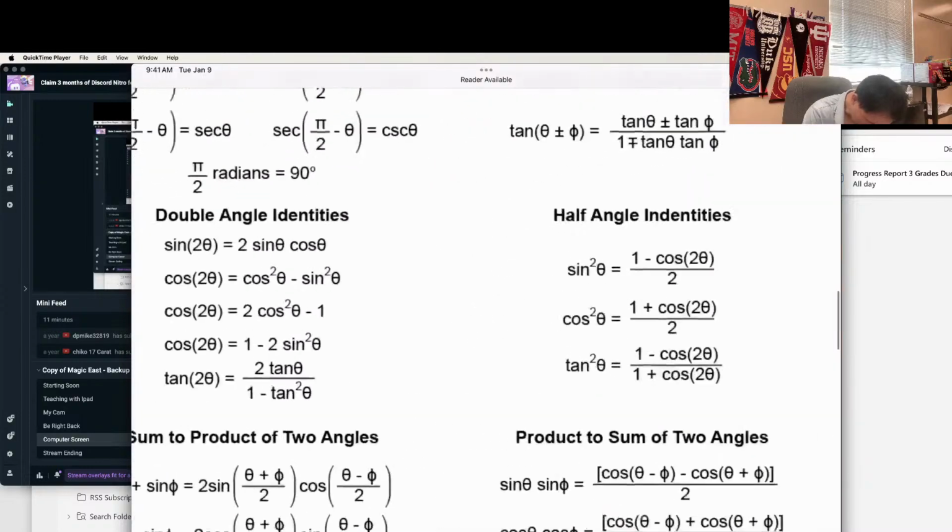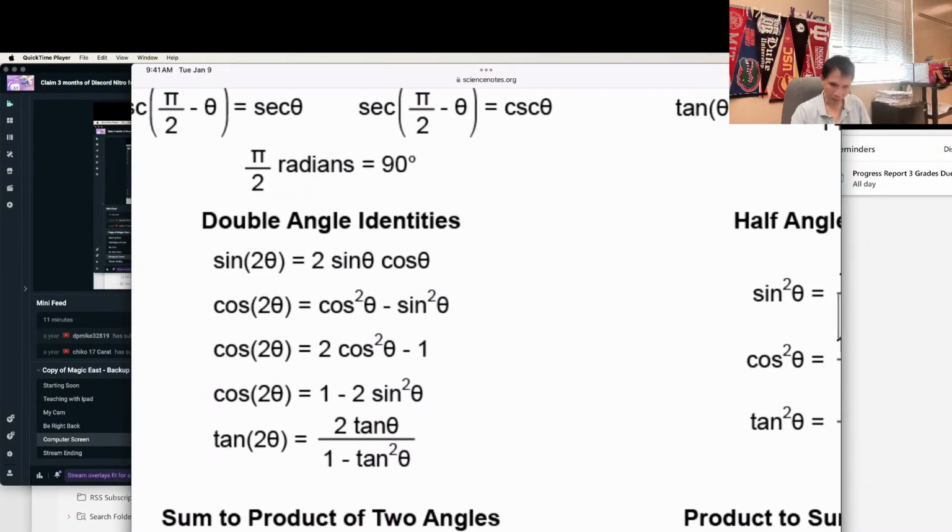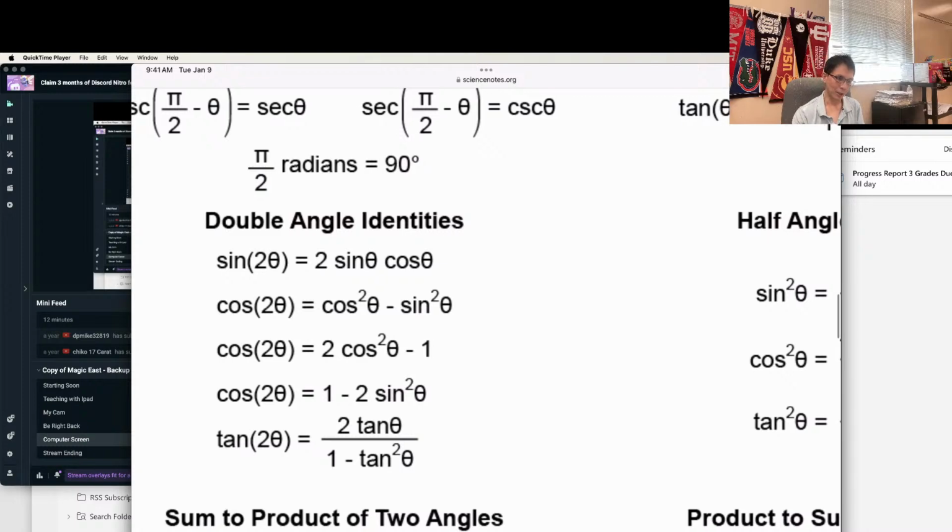Do you see right here? This is the one we just found. Sine 2 theta equal to 2 sine theta cosine theta, cosine 2 theta equal to cosine squared theta minus sine squared theta, or equal to 2 cosine squared theta minus 1, or 1 minus 2 sine squared theta. So this is a double angle identity.